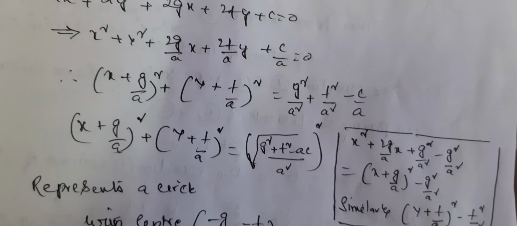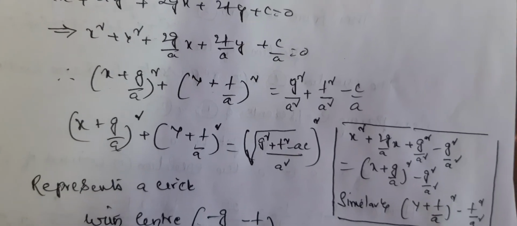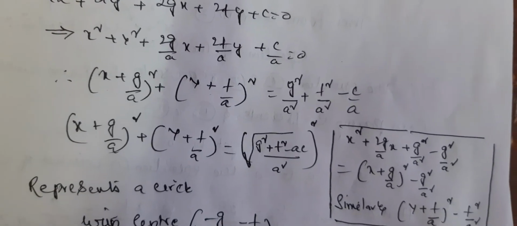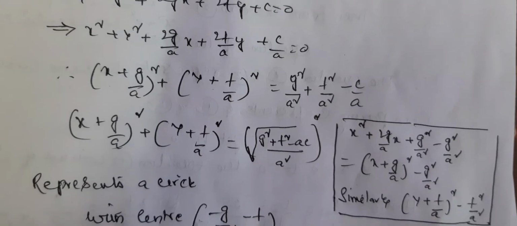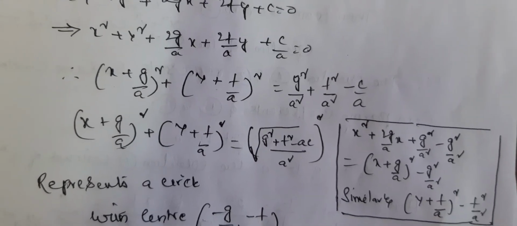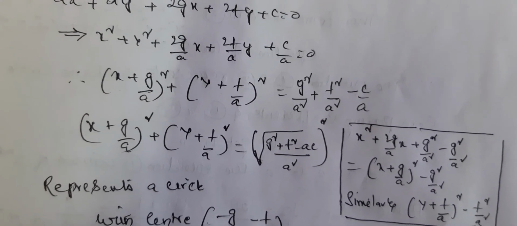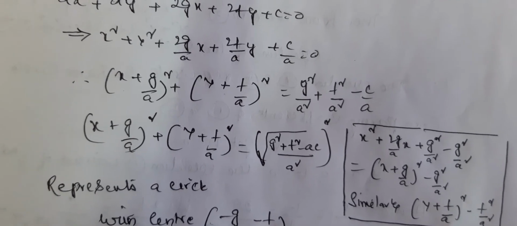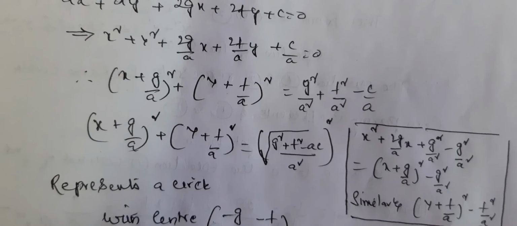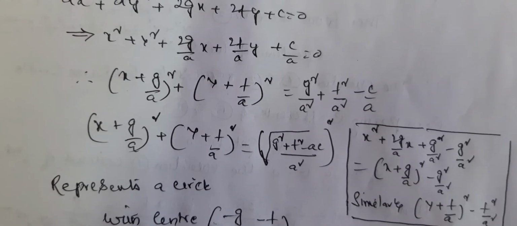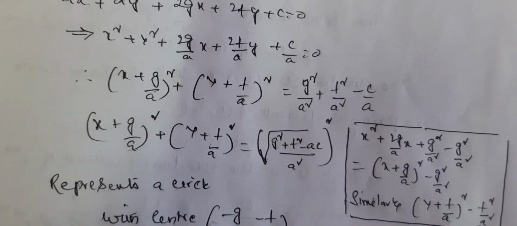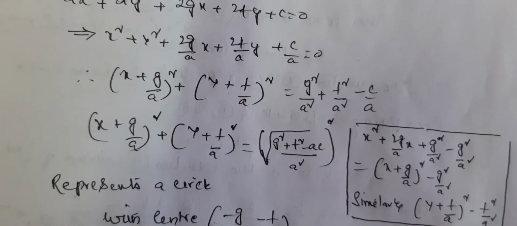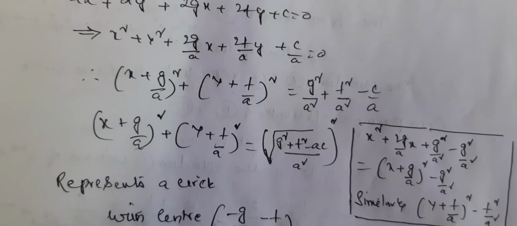Likewise, the second one also, y plus f by a whole square minus f squared by a square, and sending g squared by a square, f squared by a square and c by a to the right side, we get the equation as given here, x plus g by a whole square plus y plus f by a whole square is equal to square root of g square plus f square minus ac by a square whole square.